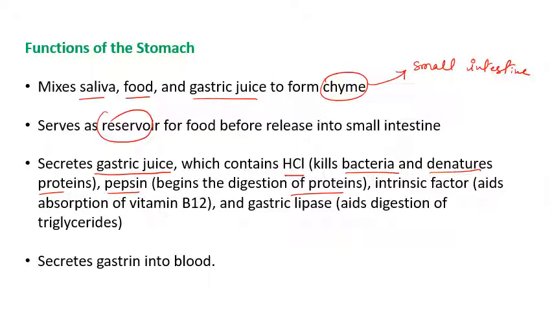It also secretes intrinsic factor, which helps in the absorption of vitamin B12. The last one is gastric lipase, which helps in the digestion of triglycerides. This stomach also secretes gastrin, which moves into the blood circulation.